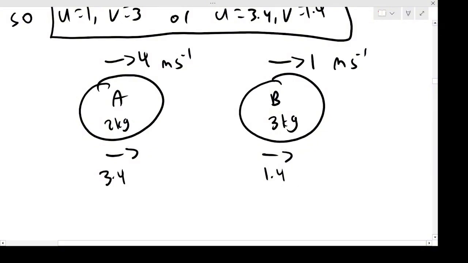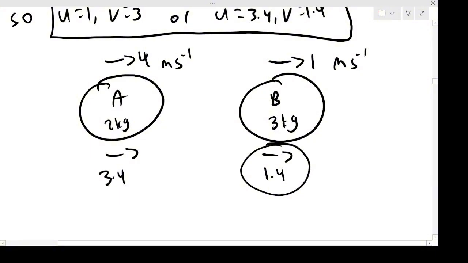The core idea is that there has to be a separation after the collision, or else you're going to get some weird physicsy thing. A's just going to continuously keep bouncing into B, and that's not how collisions really work. They need to separate. So B has to have a greater final speed.